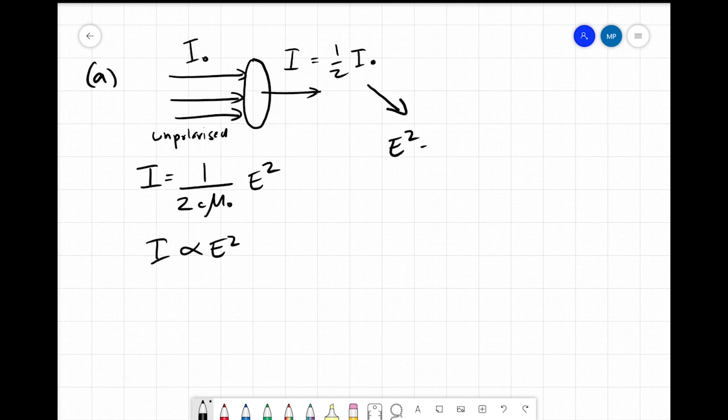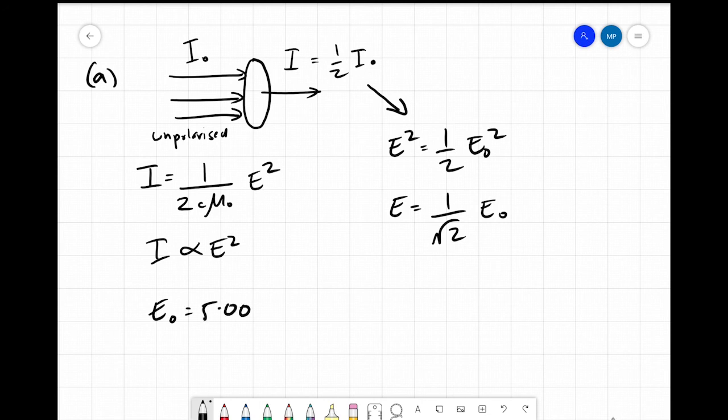So E squared equals 1/2 or half E naught squared. Okay. Now what we'll do is we can simplify this by taking the square root of both sides. So it ends up being like that. And we're told that the electric field of the incident light is 5.00 volts per meter.